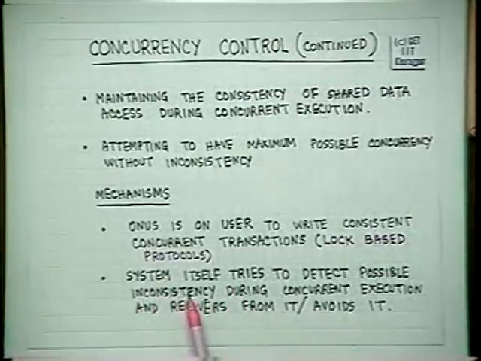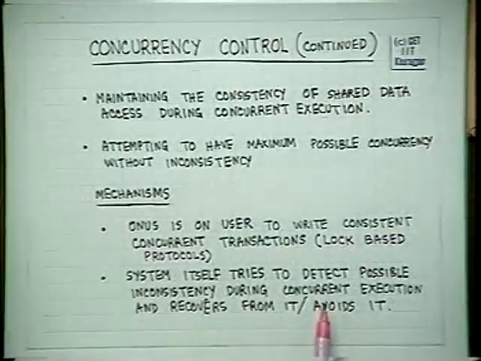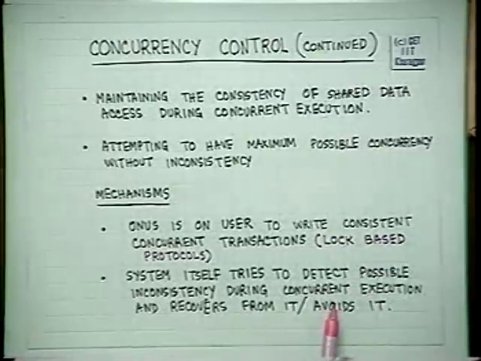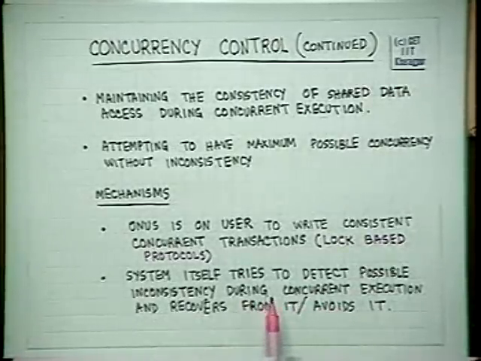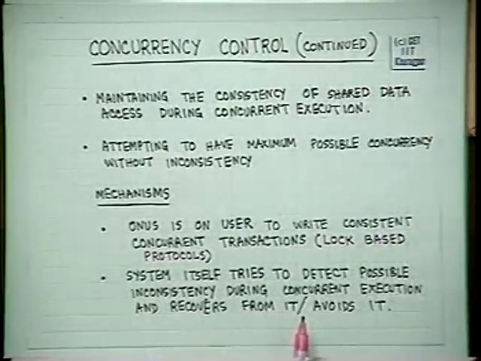Now we will see a mechanism by which the system itself tries to detect possible inconsistency during execution. The programmer does not have to write any lock or unlock. Transactions are just written by the programmer, and the system tries to detect when a schedule may become non-serializable. That is, it will try to keep only those concurrent schedules which are by themselves serializable.